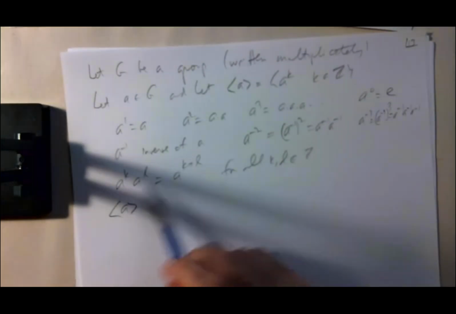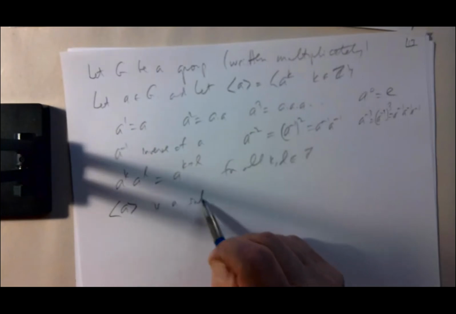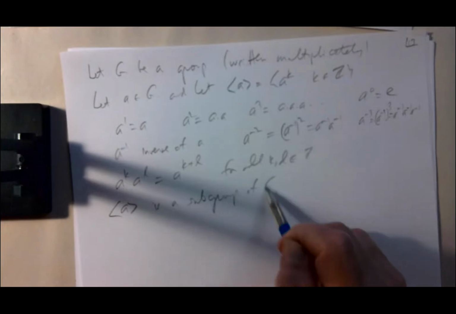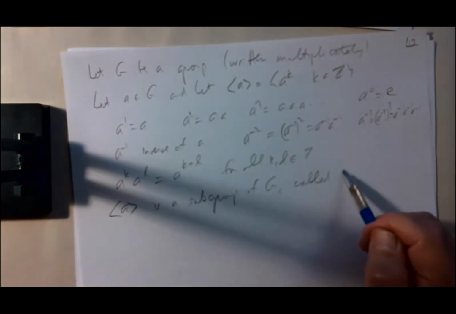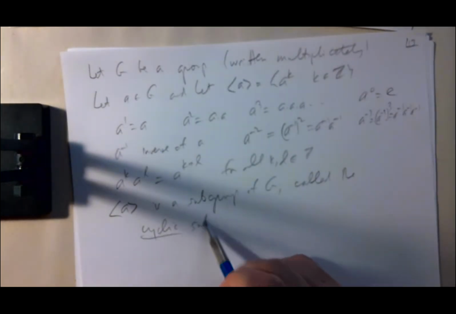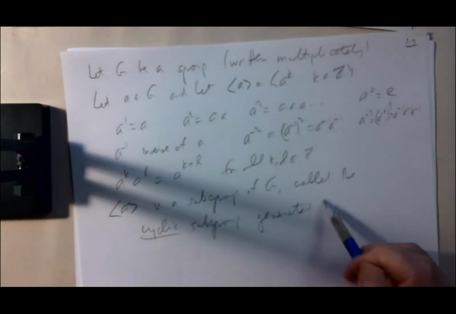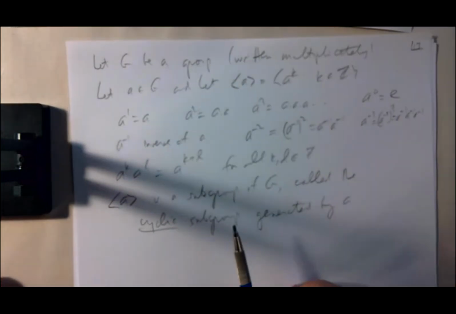So this set of all powers of A, positive and negative and 0, is a subgroup of G, which is called the cyclic subgroup generated by A. It's always an abelian subgroup.